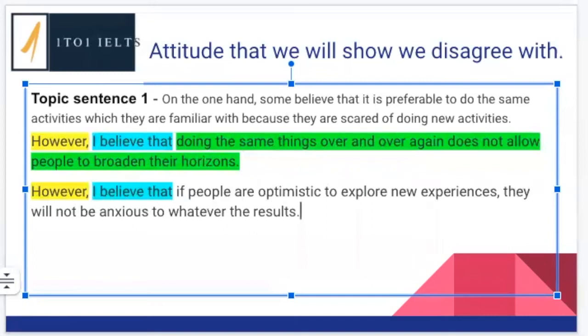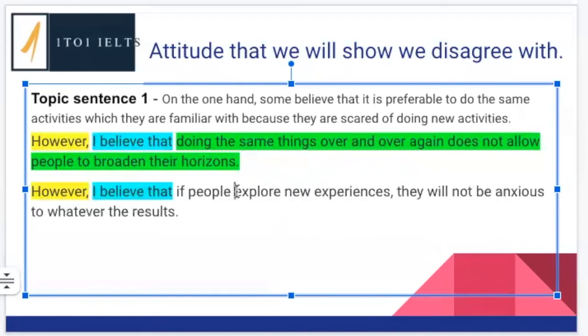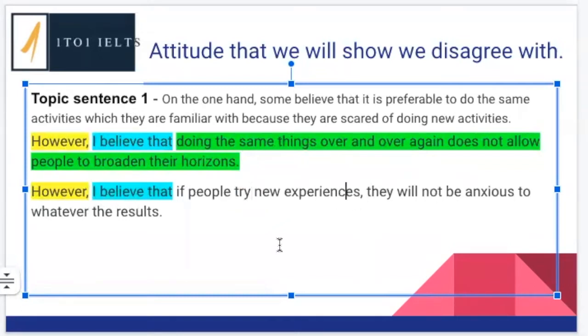So here, a few vocabulary areas we can correct. So rather than are optimistic, just simply if people, so we've got a conditional here. So the verb that they are doing is simply explore or try. I think try is a slightly more common collocation with the word experiences. So if people try new experiences, they will not be anxious.